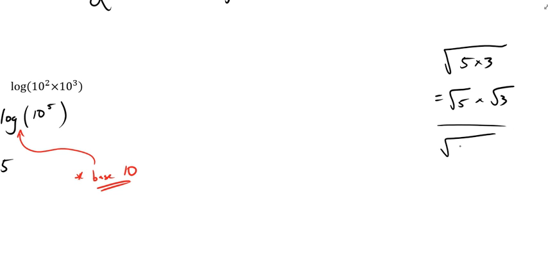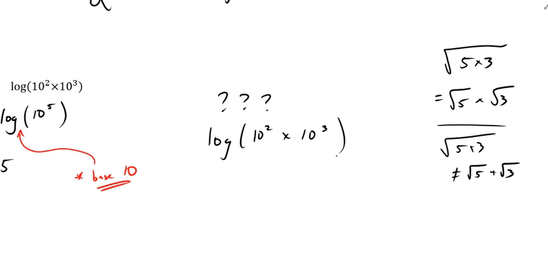The square root of 5 plus 3 does not equal the square root of 5 plus the square root of 3. So sometimes this works and sometimes it doesn't. Different properties, it depends on the situation. So I wonder if there's something we can do with this.